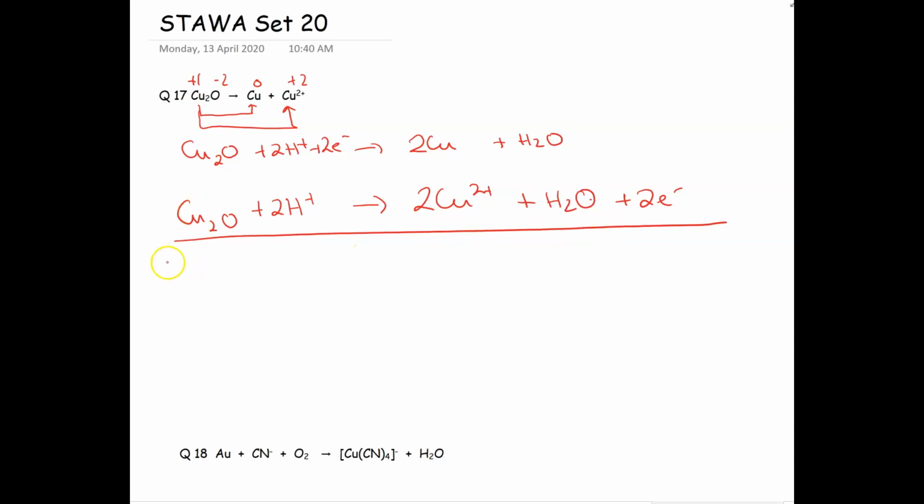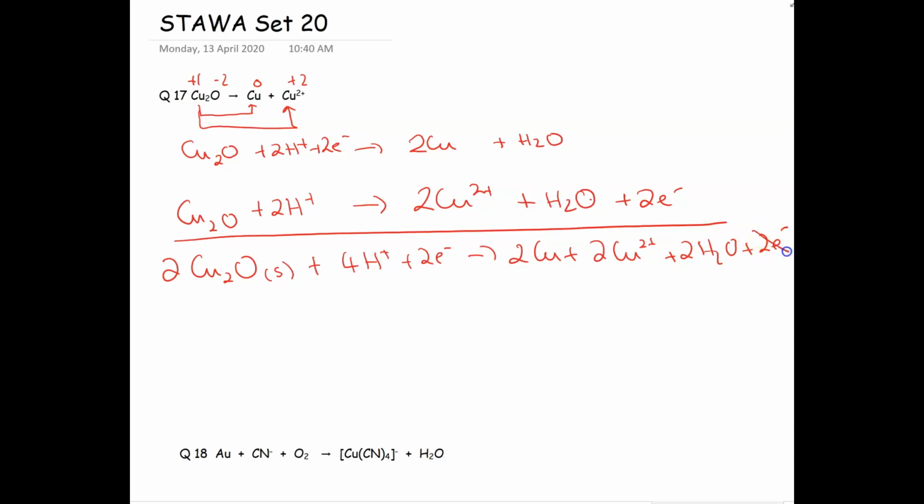So you've got 2Cu2O, which is a solid, it's a nice red looking solid, plus 4 hydrogen ions, plus 2 electrons, goes to 2 copper, plus 2 copper 2 ions, plus 2 water, plus 2 electrons. The electrons cancel, which is a good thing.